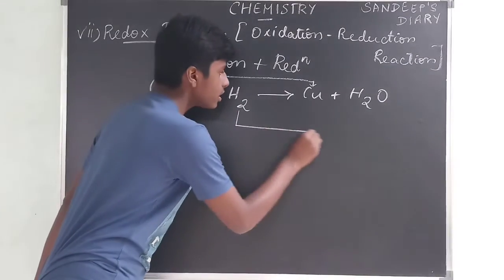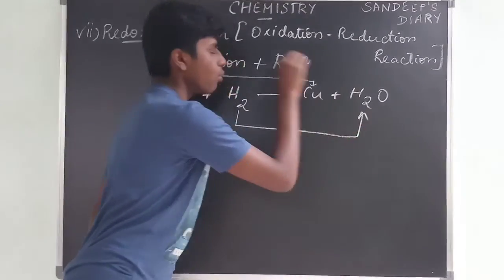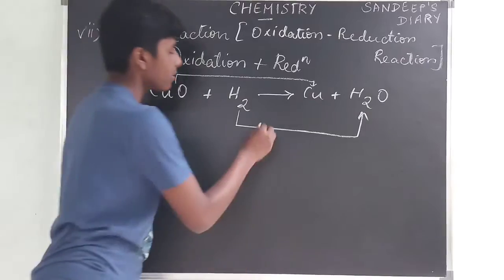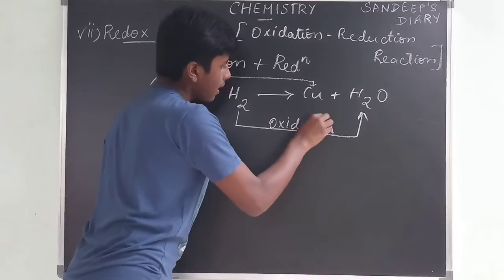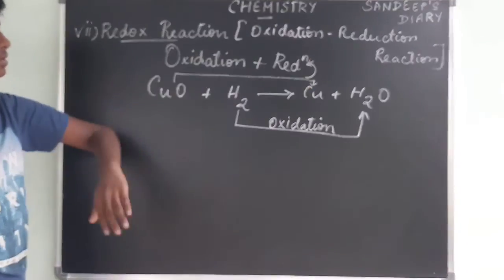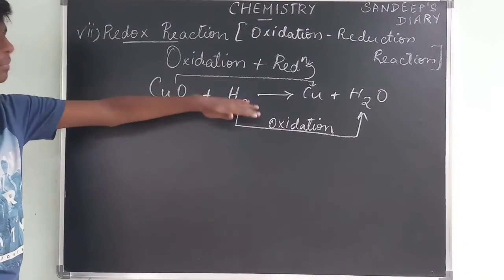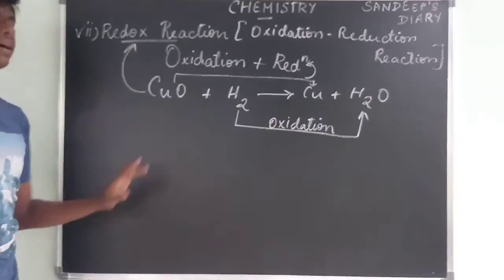Next, hydrogen is being oxidized as hydrogen is gaining oxygen. So here you can see oxidation and here you can see the reduction. Both the processes are happening in the same chemical equation. If it is happening like so, this is called redox reaction.